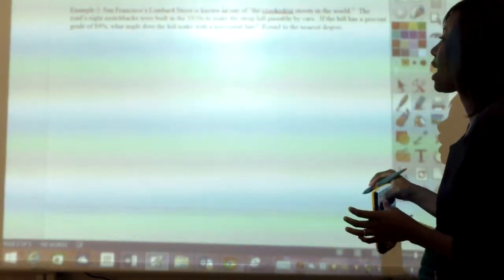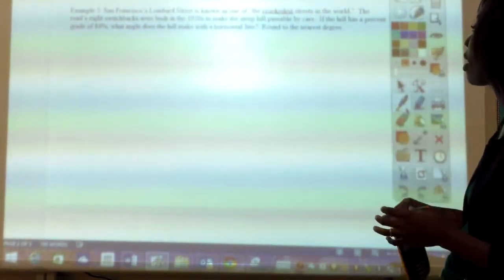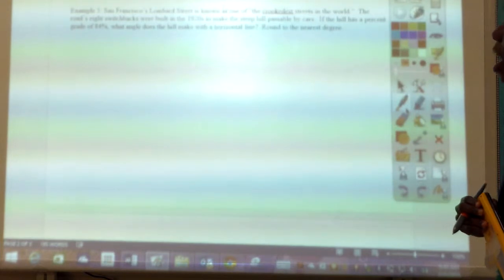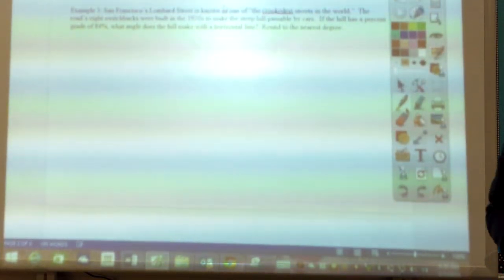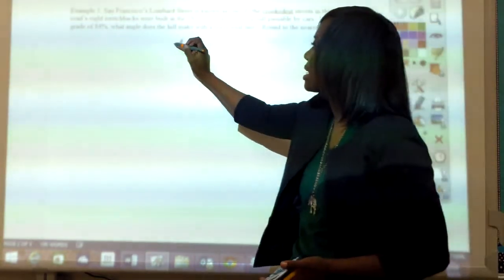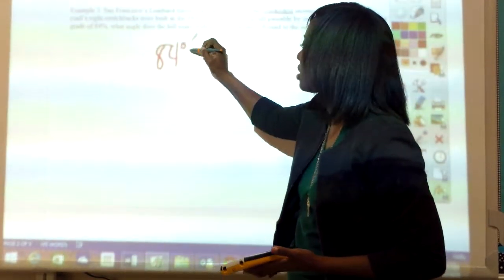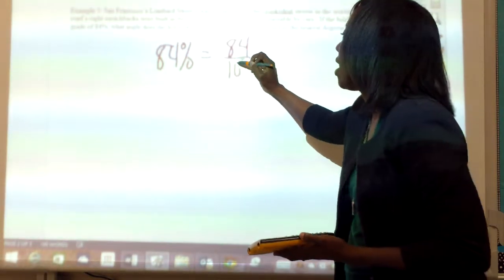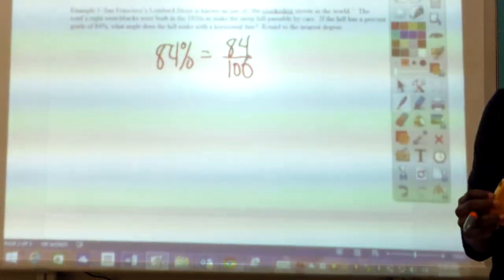Were built in the 1990s to make the steep hill passable by cars. If the hill has a percent grade of 84%, what angle does the hill make with a horizontal line? So the street is really crooked. It says that it has a percent grade of 84%, which if we wrote that as a ratio or fraction, that's 84 over 100.